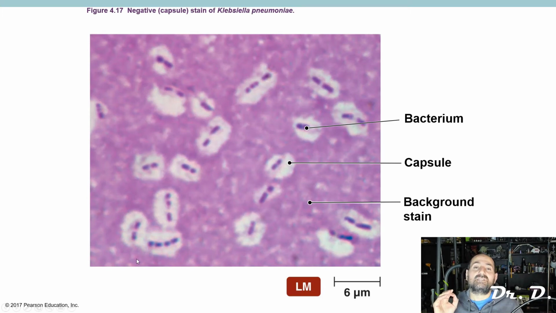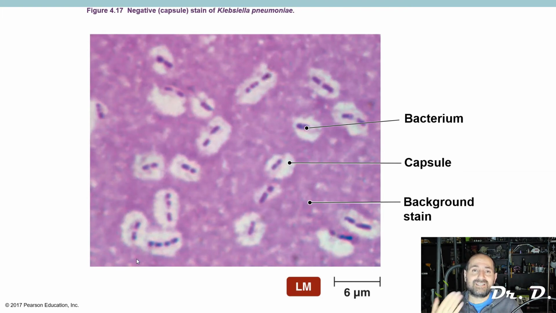That's where the non-ionic, uncharged capsule is. The capsule can't be stained with these ionic dyes, these basic or acidic dyes. However, you can use dyes to stain the cell itself and stain the background, right?